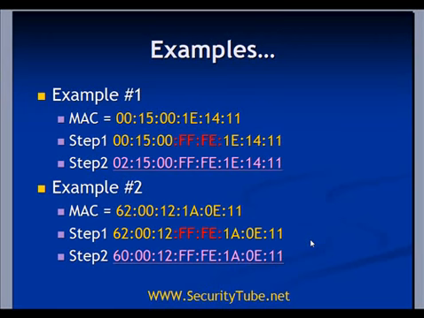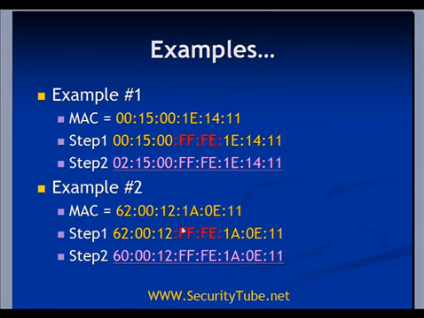A few more examples for better understanding. Our MAC address is 00150001E1411. After doing step 1, our new EUI-64 format will be 001500FFFE1E1411. So we have inserted FFFE in between these two 24-bit parts. And after doing step 2, that is, inverting the 7th bit of the first byte, our final EUI-64 address will be 021500FFFE1E1411.